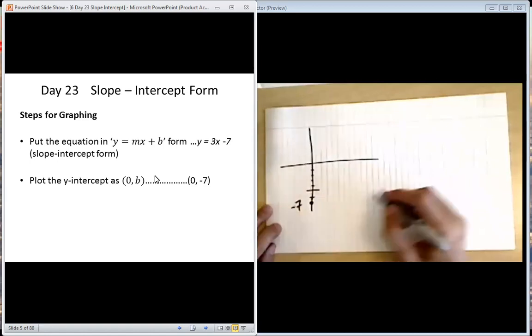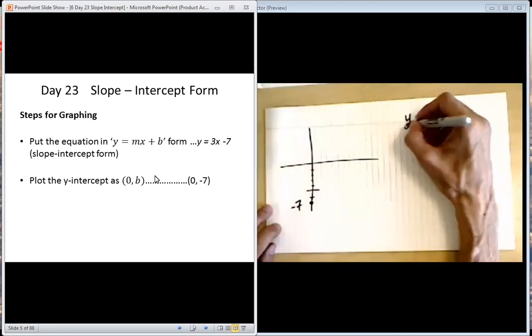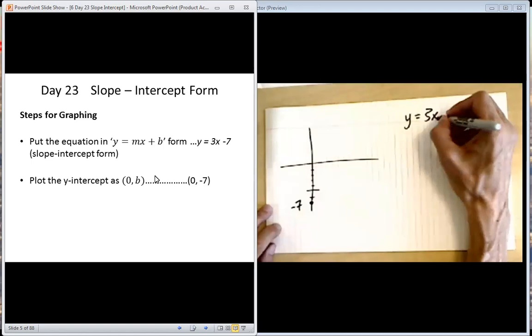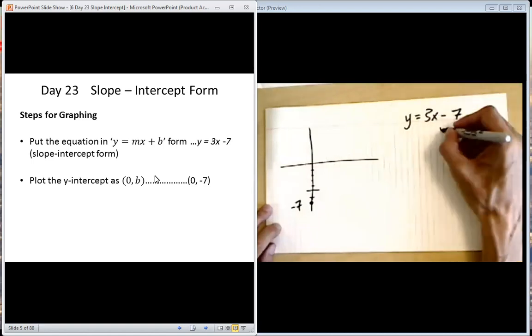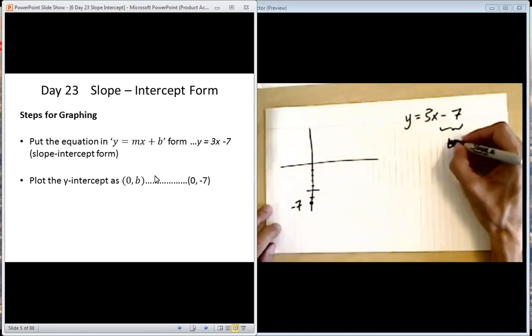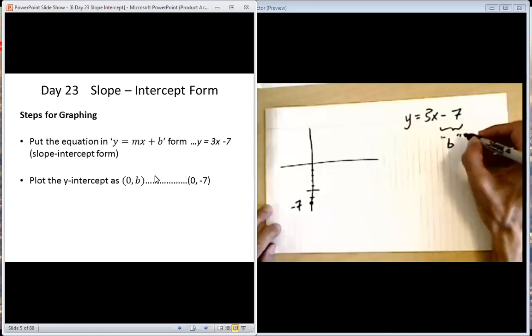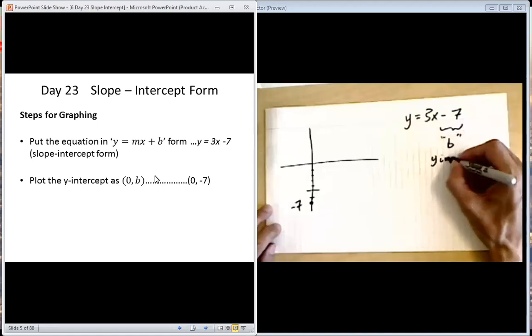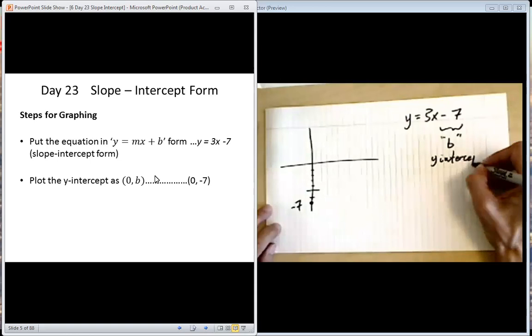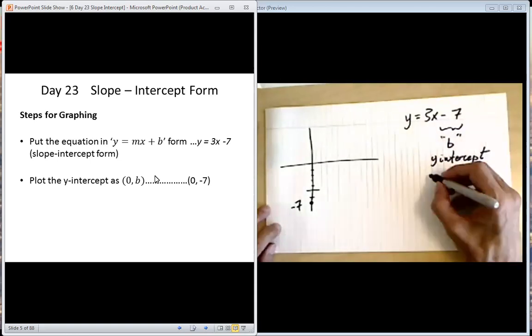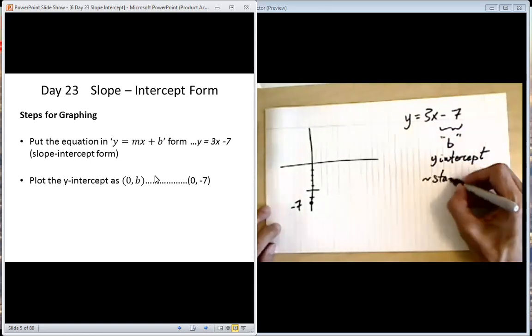And we know this location because that number is the same as this one there. That's what the B is, the y-intercept. Yeah, and importantly, as I said, it's going to count as a starting point.